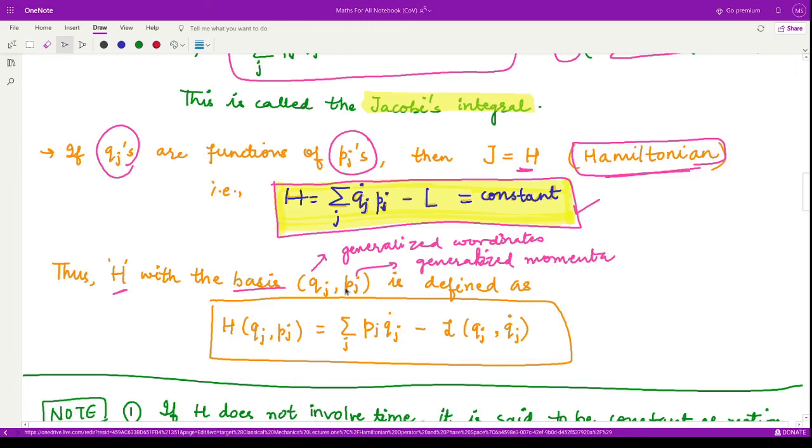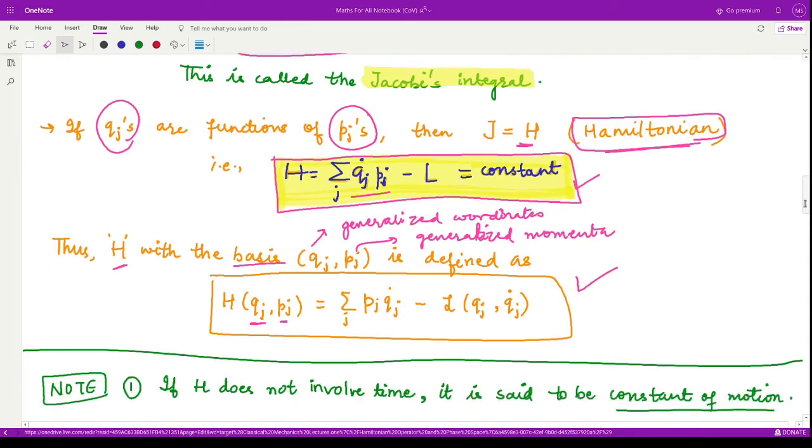So this H depends on Qj and Pj, and then we have the term minus L. L is a function of Qj and Qj dot and not T. So this is the identity that you should note.